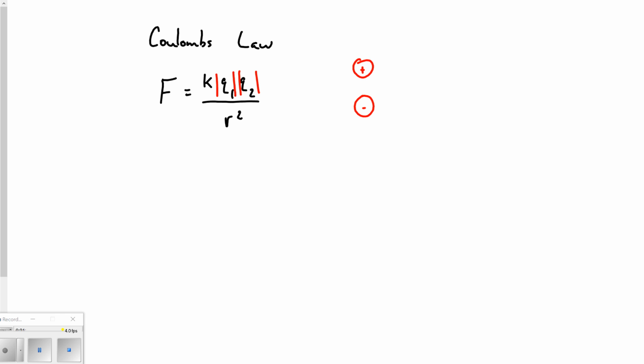But all that does is tell us that two things are attracting each other. Or likewise, if we had two negatively charged objects, we would know that the force between those is repelling. So quantitatively, it doesn't tell us anything about the pluses and the minuses. So when we do our calculations, we're going to ignore those. And I'm so lazy, I may not write those little bars.